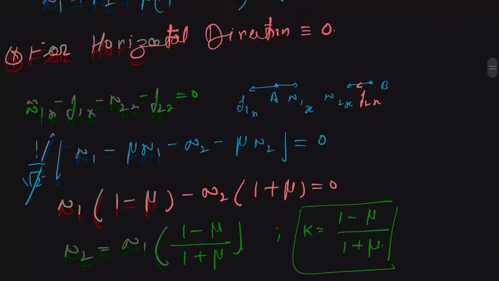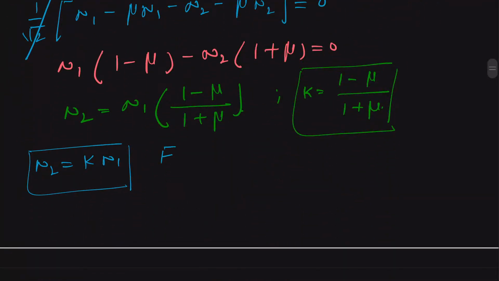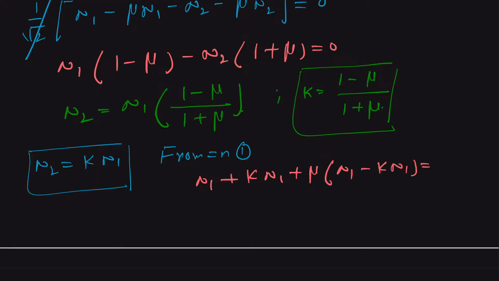So from equation 1, we substitute this N2 as k times N1. We get N1 plus k times N1 plus mu N1 minus k times N1 is equal to mg square root of 2.